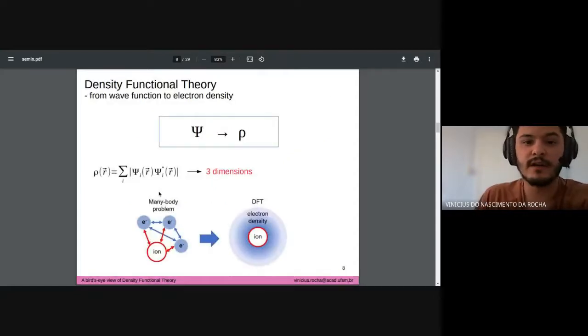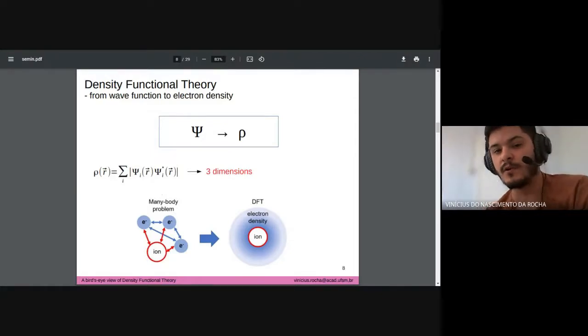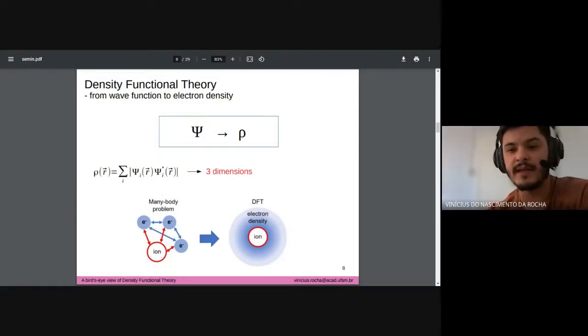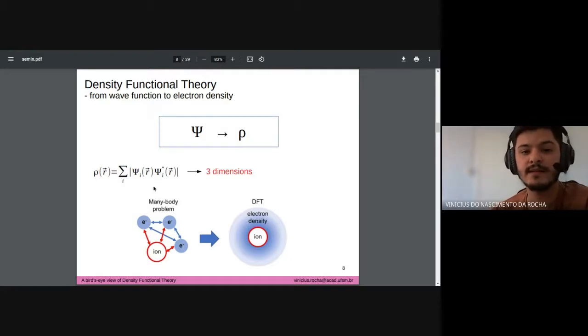So, a tip to solve a problem of this type is to replace the wave function by another variable that is as significant as it. So DFT comes with the proposal that this variable can be the electronic density. Previous work by Thomas and Fermi already showed that electron density could be used to resolve a gas with free electrons.